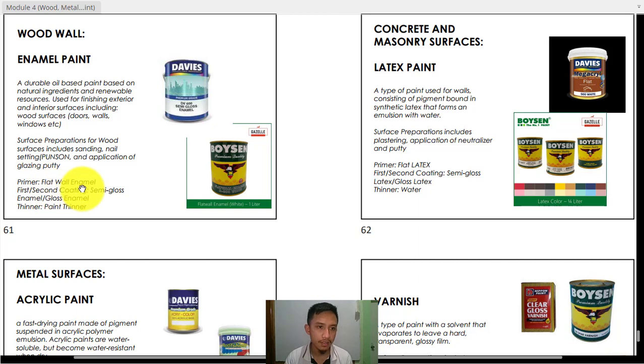So the primer should be followed, because if your primer is not right for the specific surface, then that will actually give us defects on the finished paint, because your final coating will not connect totally with your surface.